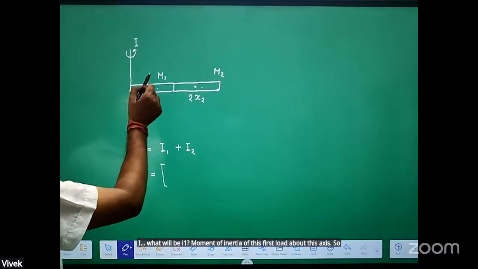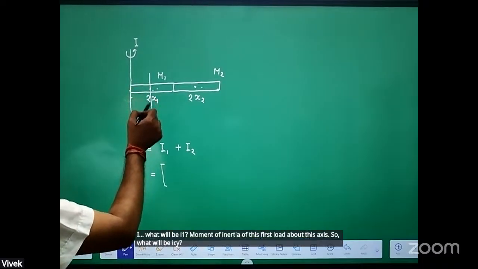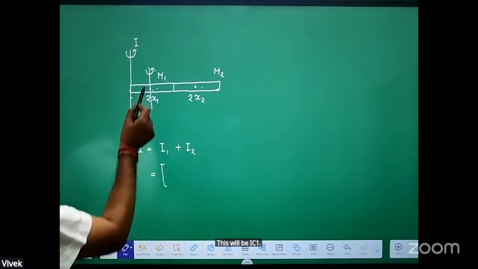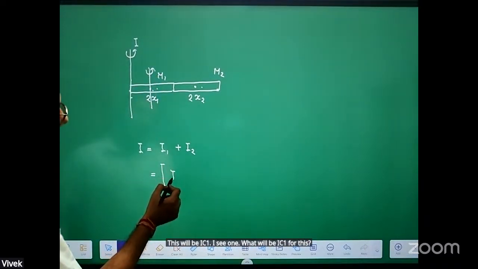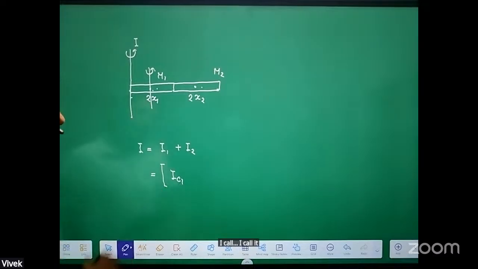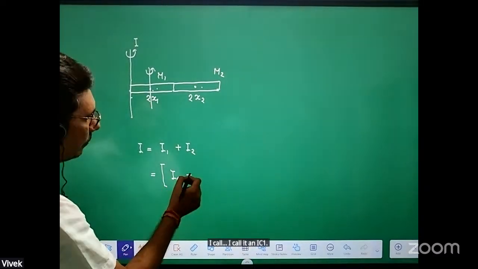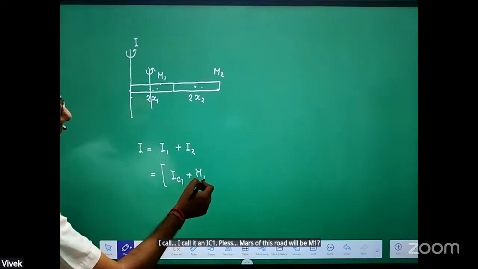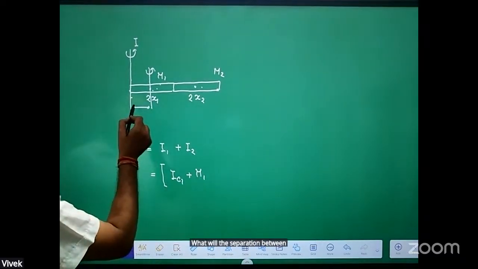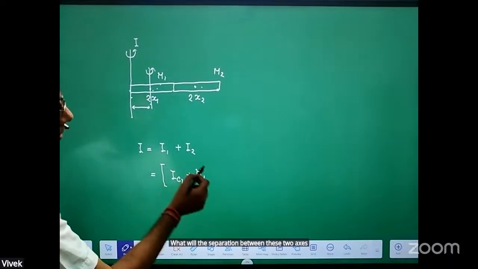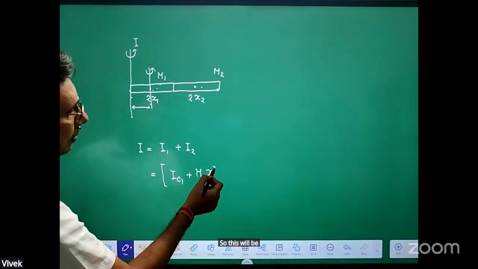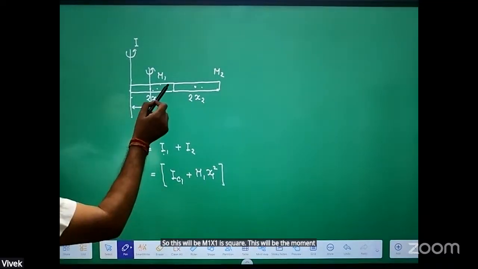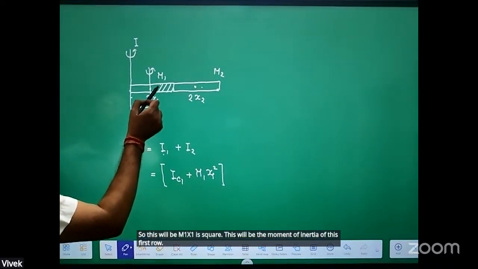So this will be IC1, plus the mass of this rod, which will be M1. The separation between these two axes will be x1. So this will be M1 x1 square. This will be the moment of inertia of this first rod about the given axis.